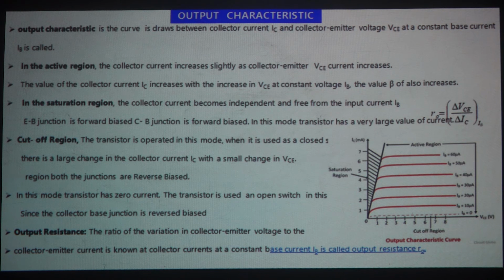Therefore the transistor is used as an open switch, since the collector base junction is reverse biased.